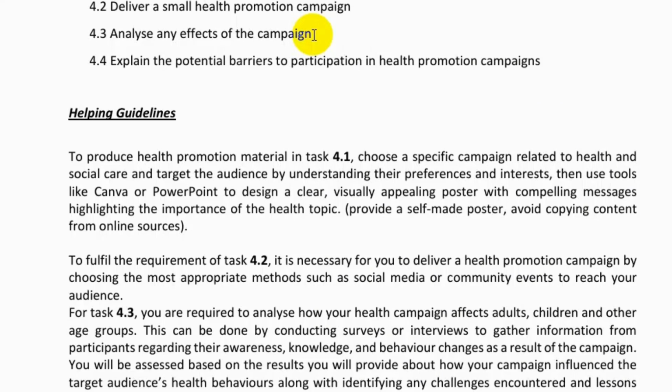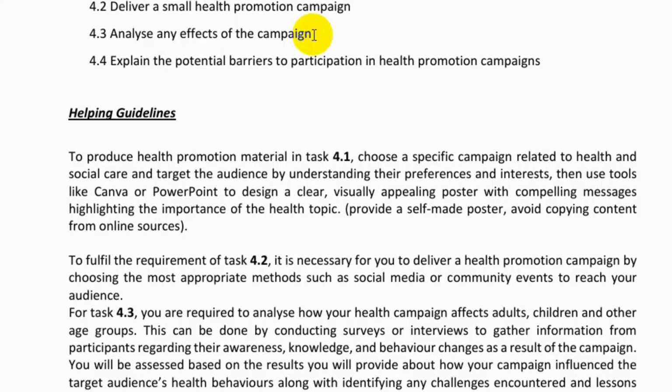Now, for assessment criteria 4.4, you have to explain the barriers that are preventing the audience or the general public or the participants from participating in health promotion campaigns.